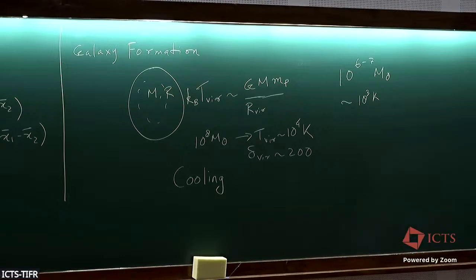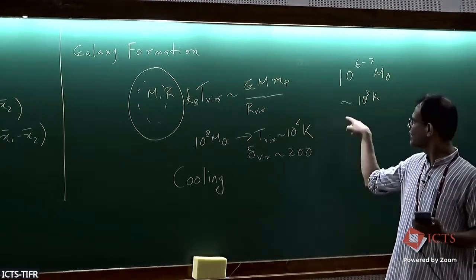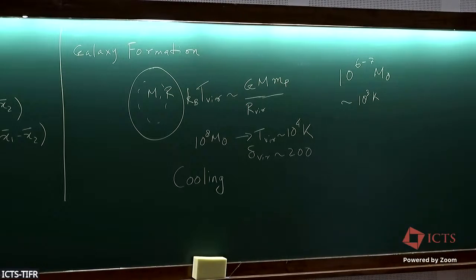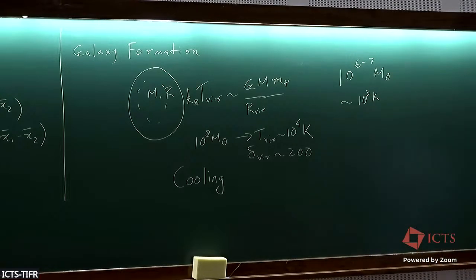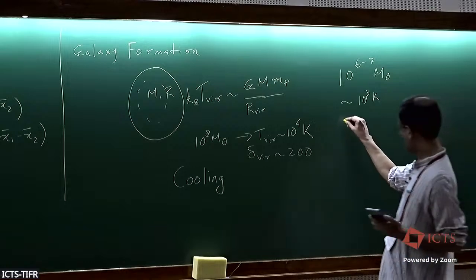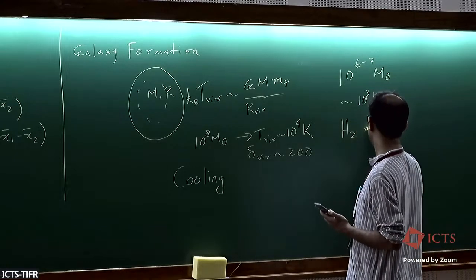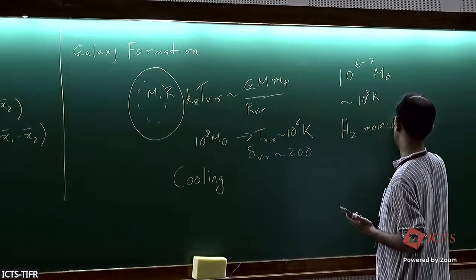It's all hydrogen and helium. And it's not very easy to cool the gas through these only. You have to really hit these kinds of halos. And as I was saying, small mass halos are easy to form, but they may not form stars. So at early times, the only way you can form stars in smaller mass halos is if you can form H2 molecules somehow.